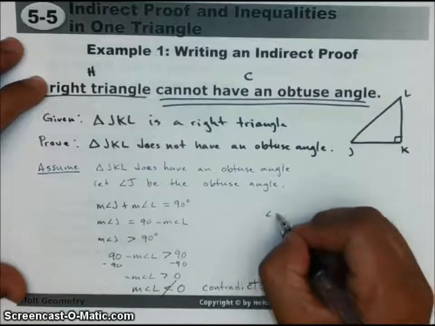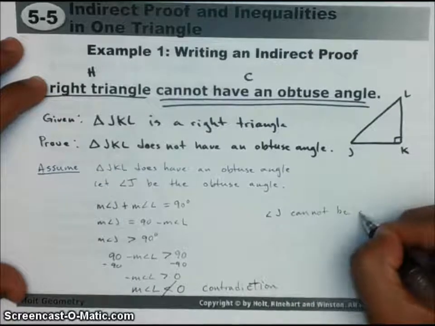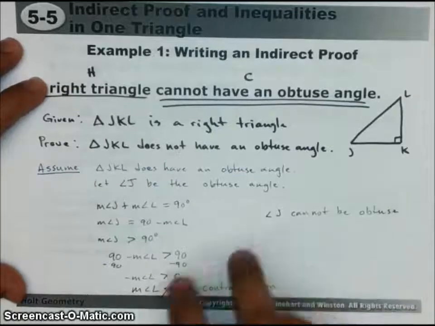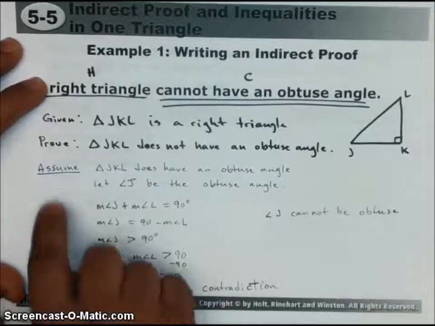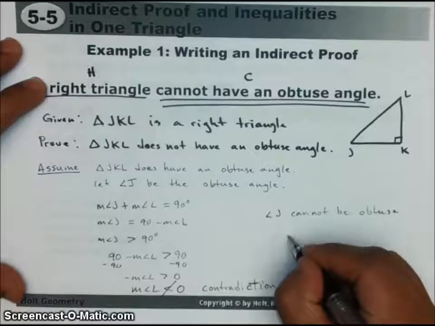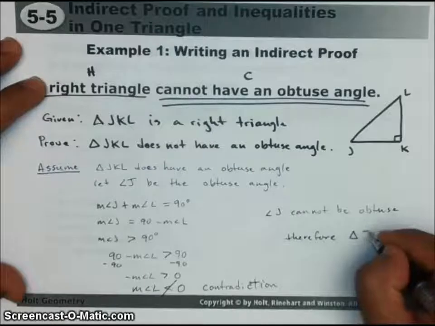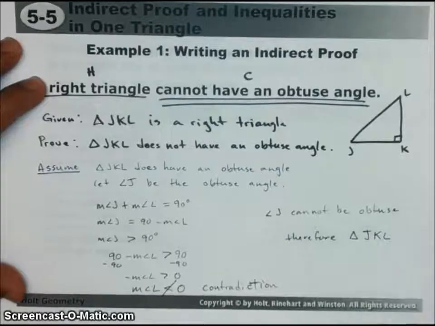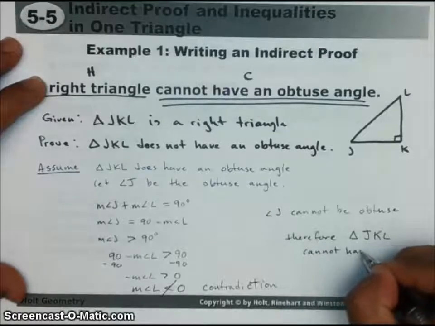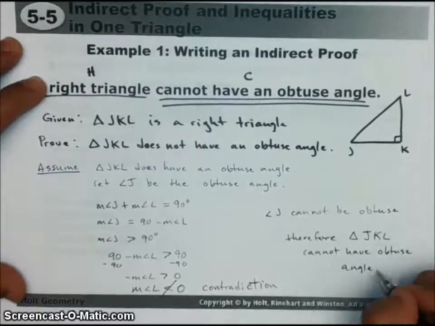So since this is false, this is impossible, that means angle J cannot be obtuse. Since my assumption is not true, my proof statement has to be true. So therefore, triangle JKL cannot have an obtuse angle.